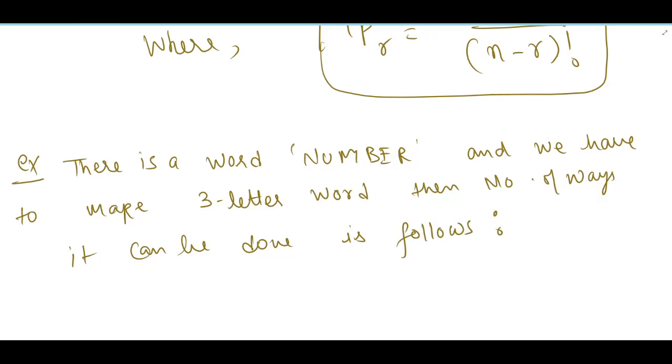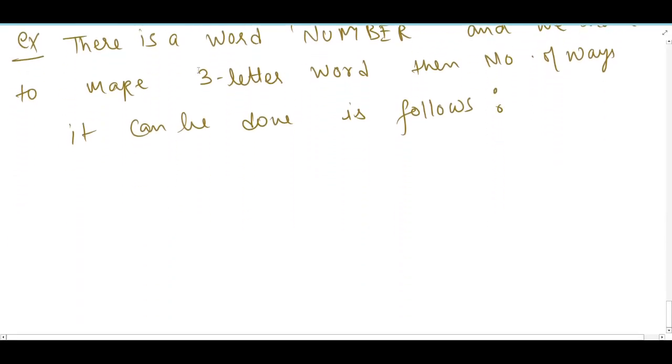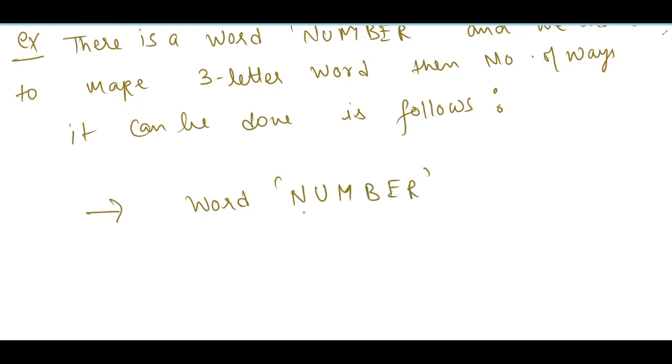From here we notice that the word number has 6 letters, that is 1 2 3 4 5 6.